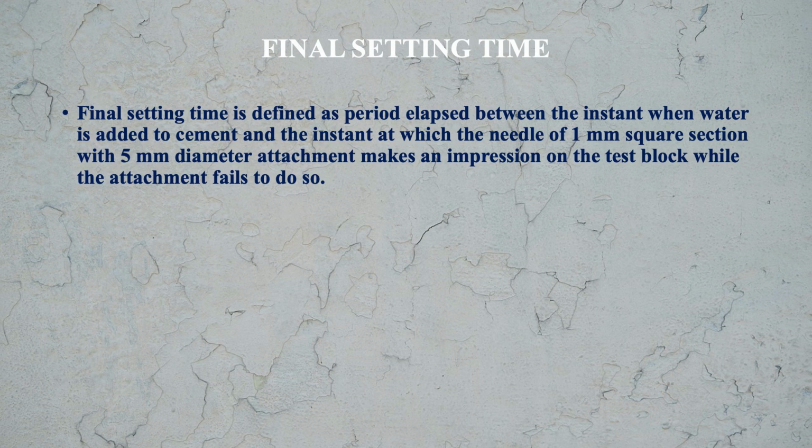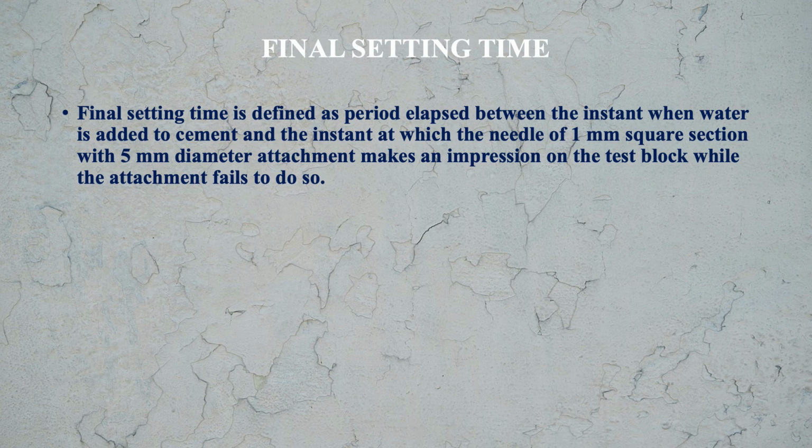Now let's move to the final setting time. Final setting time is defined as the period elapsed between the instant when water is added to the cement and the instant at which the needle of 1 mm square section with a 5 mm diameter attachment makes an impression on the test block while the attachment fails to do so.